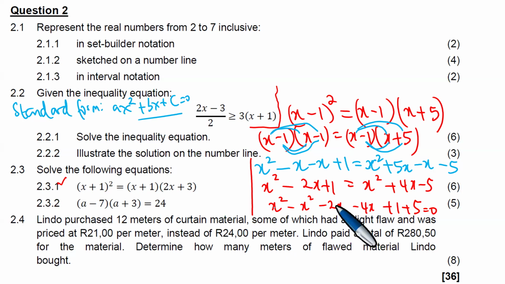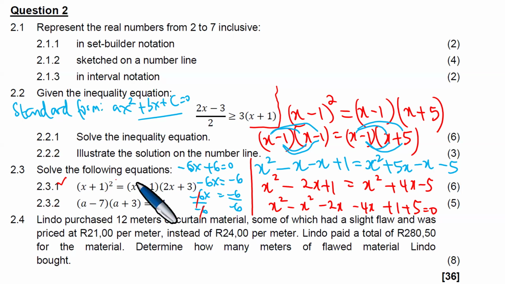So in the end, we have x squared minus x squared, 0. Minus 2x minus 4x, minus 6x plus 6, which is minus 6x equals minus 6.